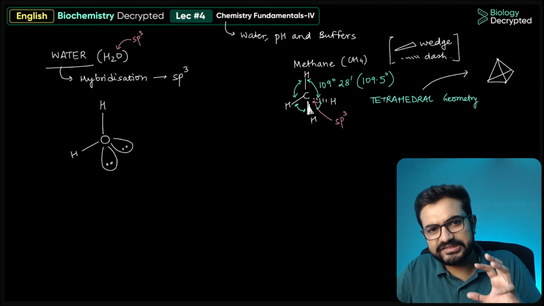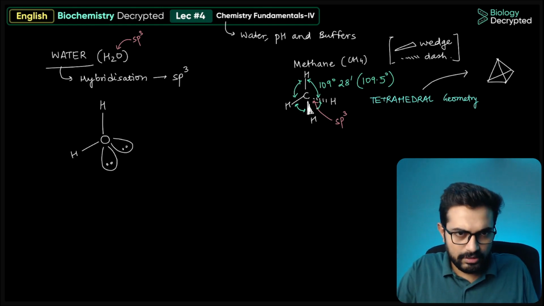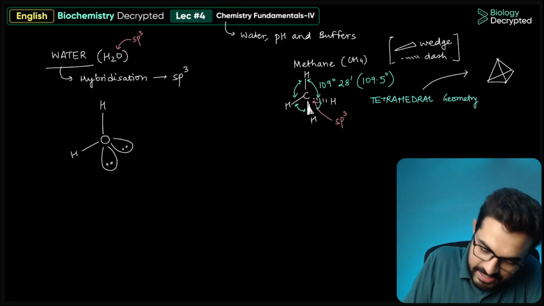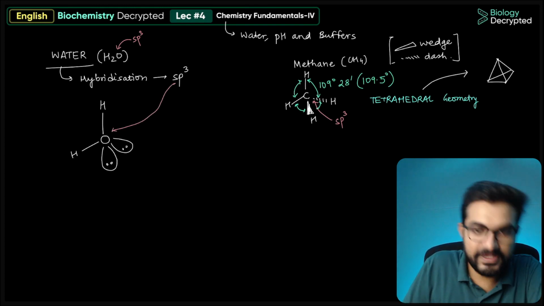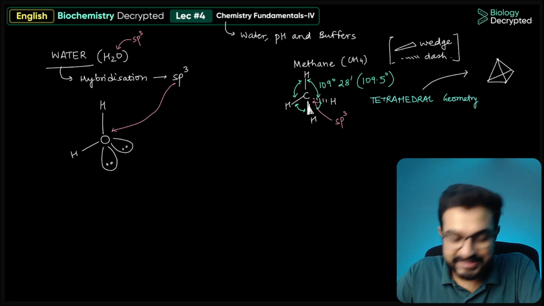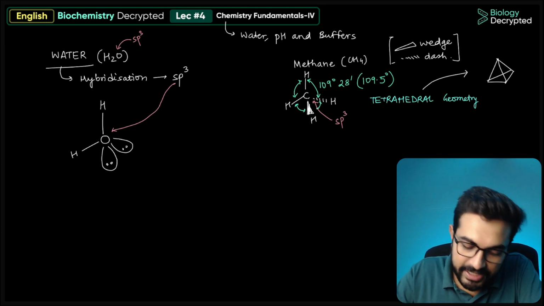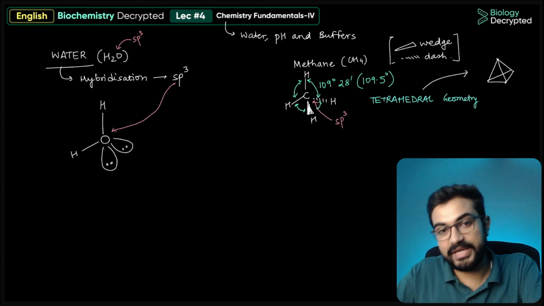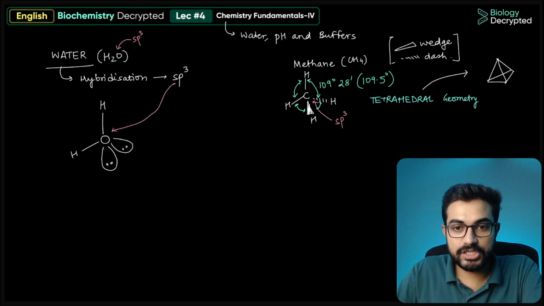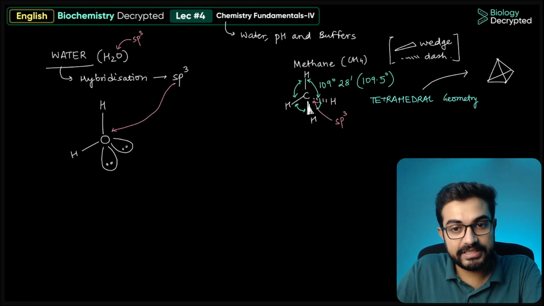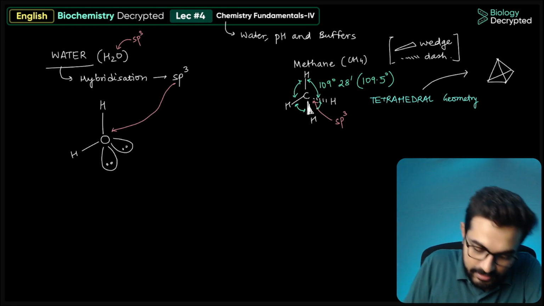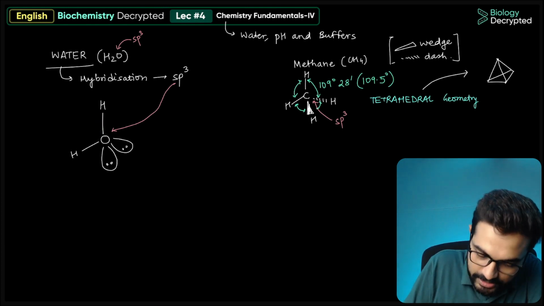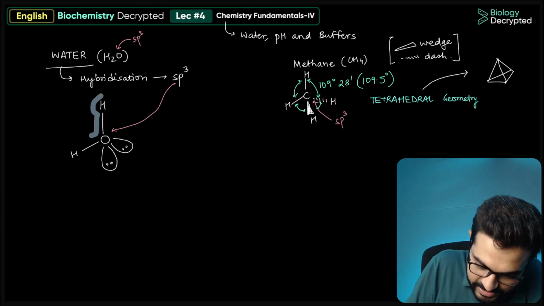Somewhat it looks like a tetrahedron, but there is a difference. Oxygen has a hybridization of sp3 here, but what actually determines the structure or geometry is the bond pairs and not the lone pairs. So we don't consider the lone pairs here.